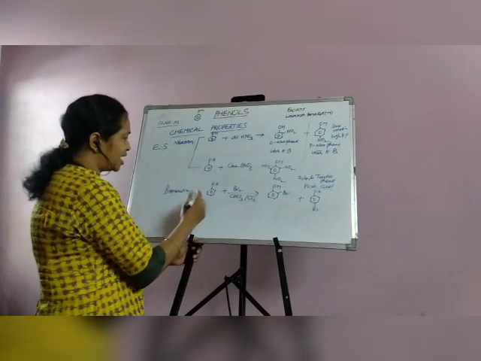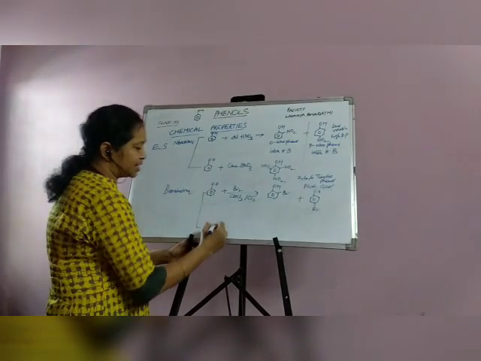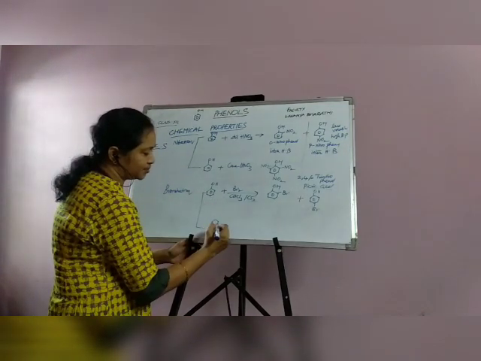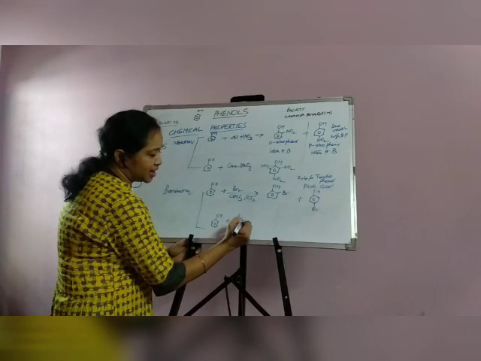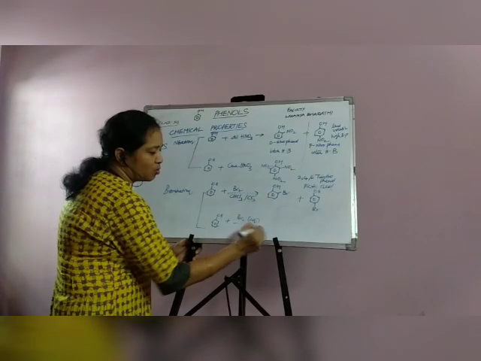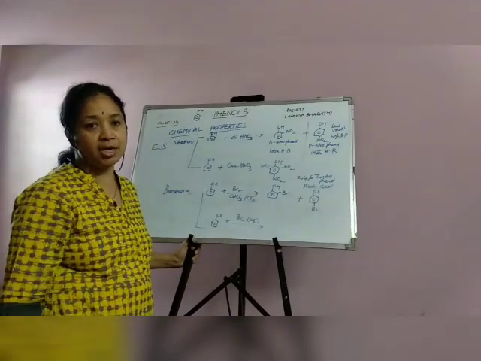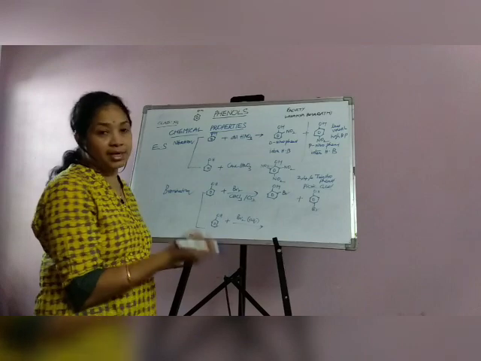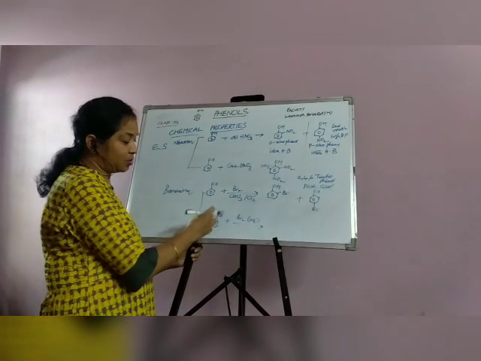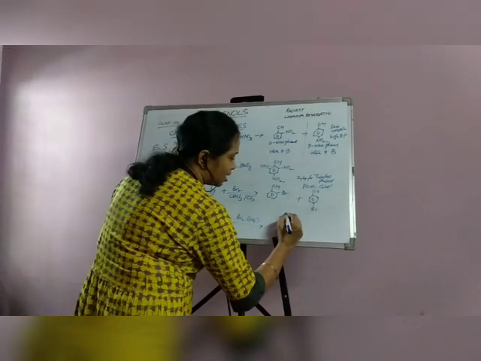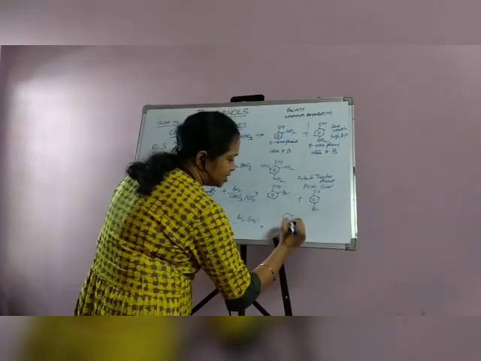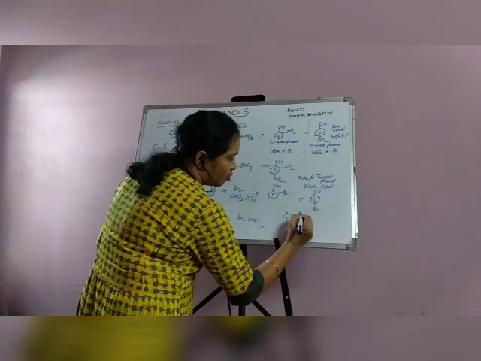Now, if the same thing is done in the presence of bromine water, like here I am taking OH and bromine water, that is aqueous. When bromine water is taken as a reagent, the bromine water is activating the whole phenol molecule at all three positions, and now you will get a tri-substituted bromophenol.